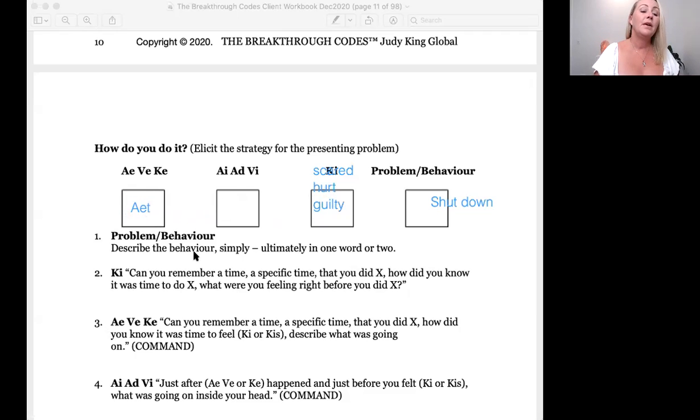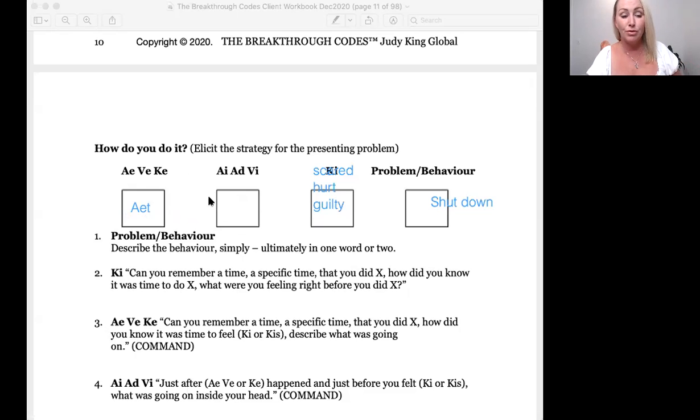Then we go here: just after you heard the tone of your partner's voice, and just before you felt scared, hurt, guilty, what was going on inside your head? If you needed to, you could say, did you see a picture of something? Did you hear a certain voice?